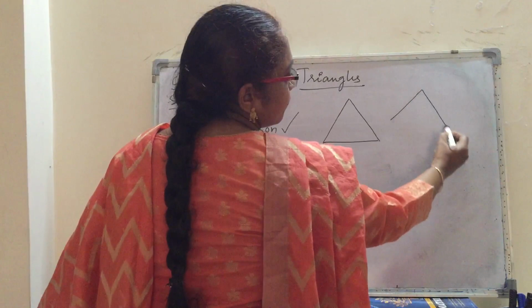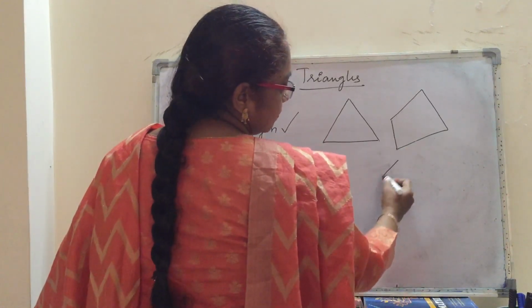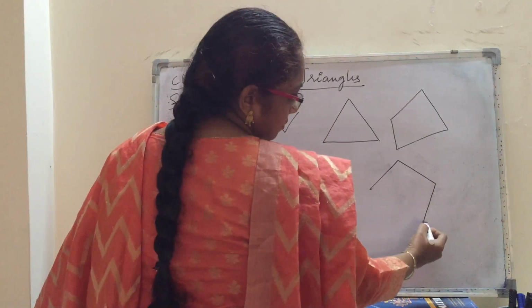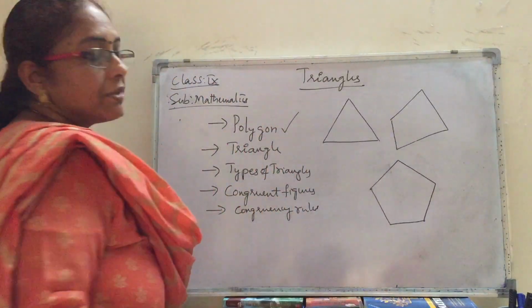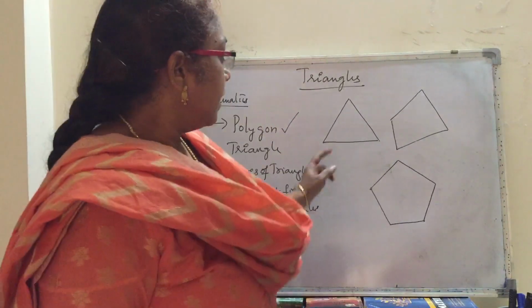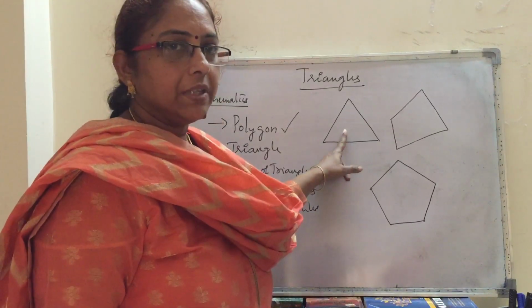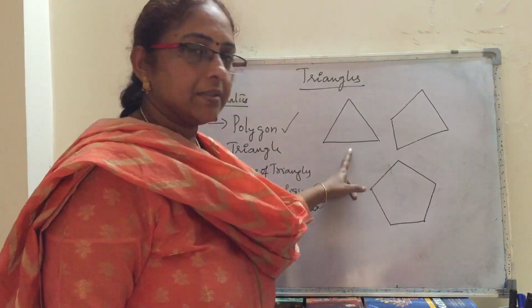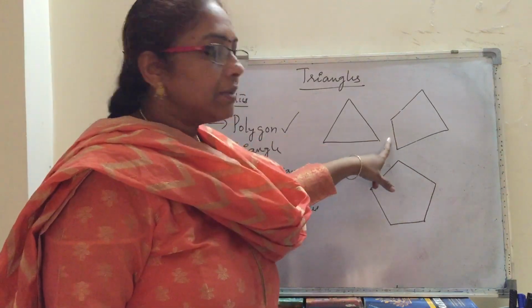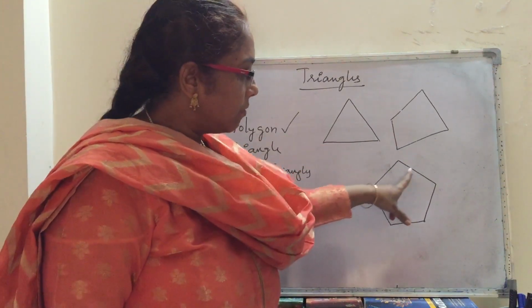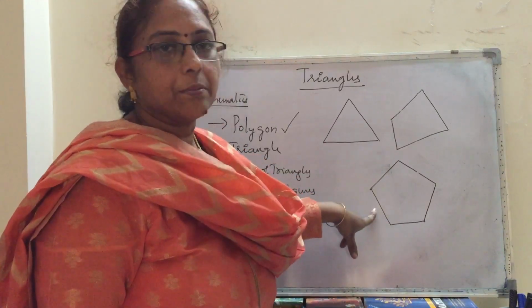See, these are all different types of polygons. Here, this is a polygon with 3 line segments. This is also a polygon with 4 line segments. Here, 1, 2, 3, 4, 5 line segments.